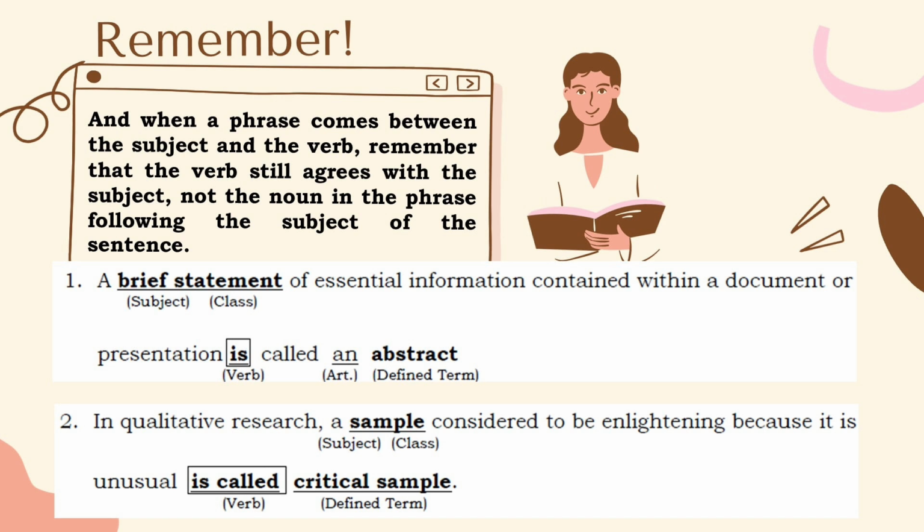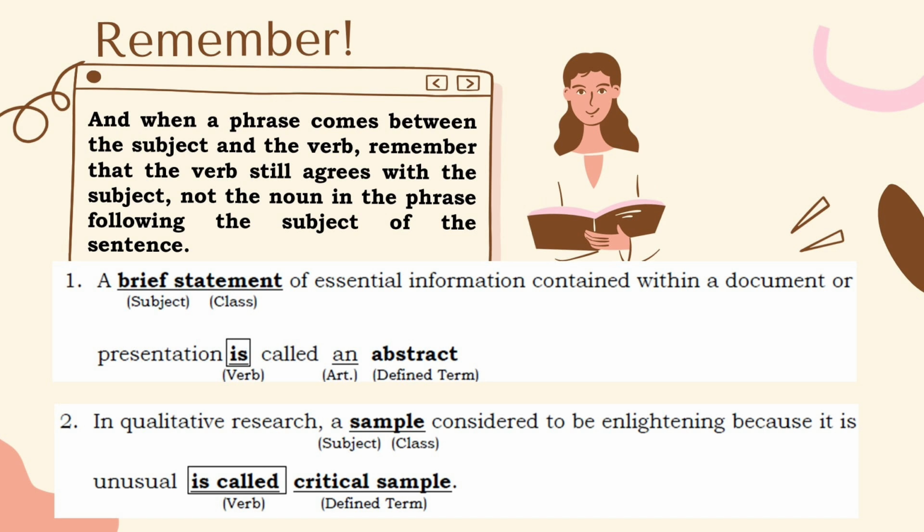Just like in our example for number 2, in qualitative research, so this is the phrase, followed by the subject, a sample considered to be enlightening because it is unusual, is called critical sample.